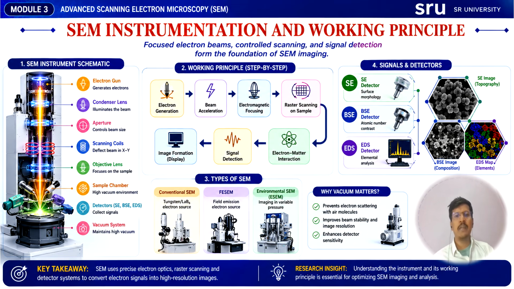Next, the beam passes through the aperture, which helps remove unwanted electrons and improves the beam coherence. The beam is then focused by the objective lens to form a very fine probe on the specimen surface. The diameter of this probe largely determines the achievable resolution.